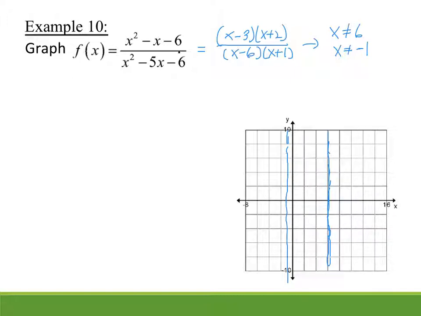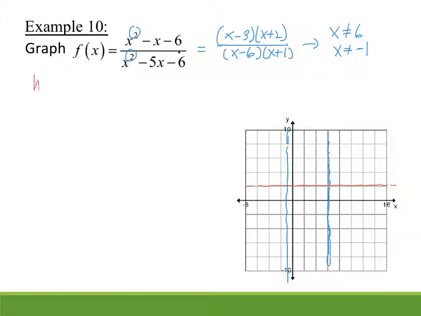Let's also look to see, since the numerator and the denominator have the same degree, we're going to have a horizontal asymptote at 1. Does everybody see why? The reason is when we divide x squared by x squared, the coefficients are 1.